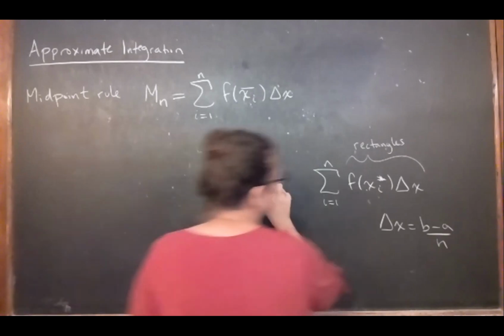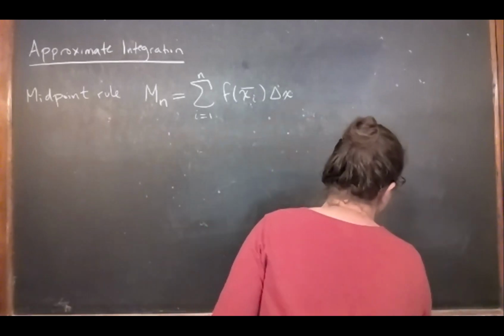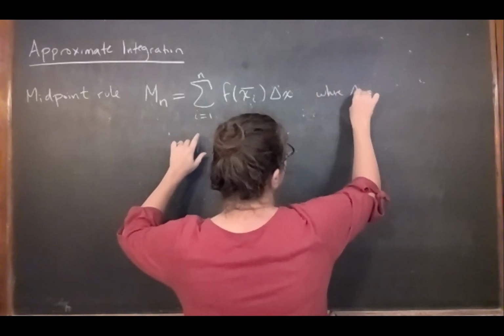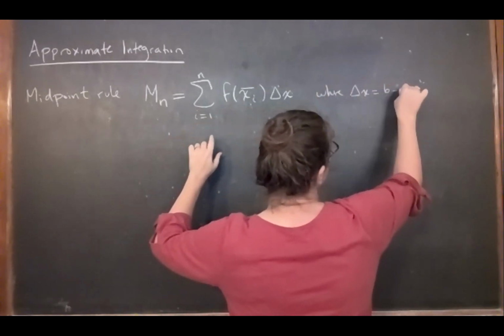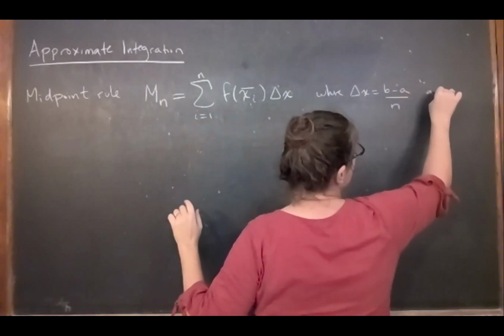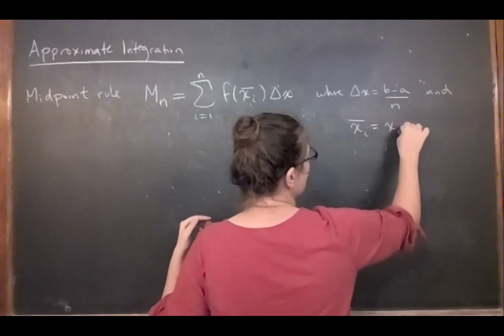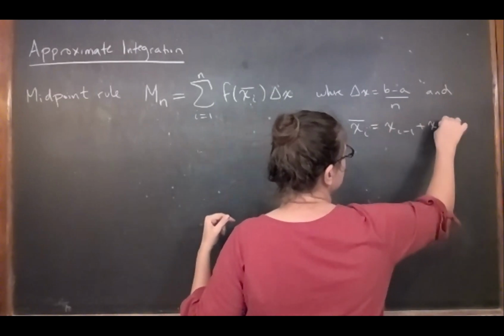So let me rewrite that. So what is that midpoint and all this? We've got where delta x is b minus a over n, and then your midpoint is going to be x_{i-1} plus x_i over 2.